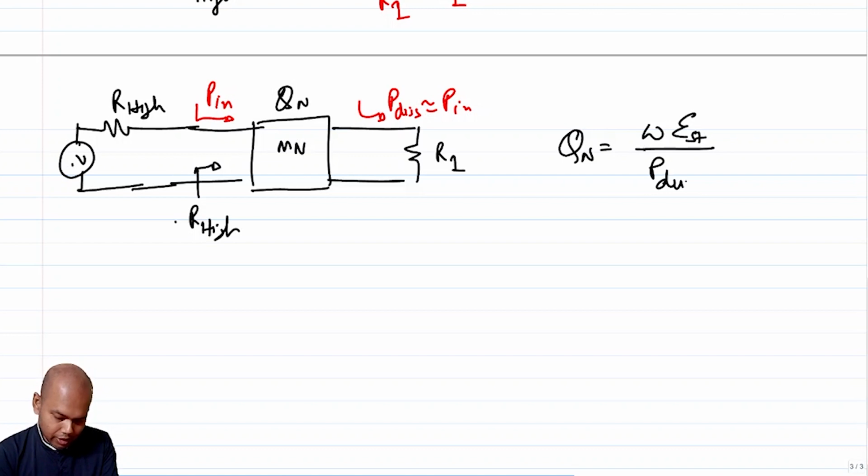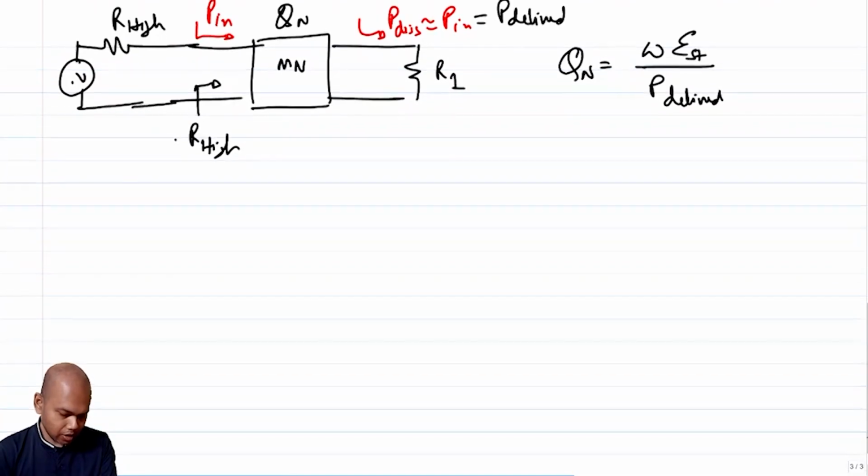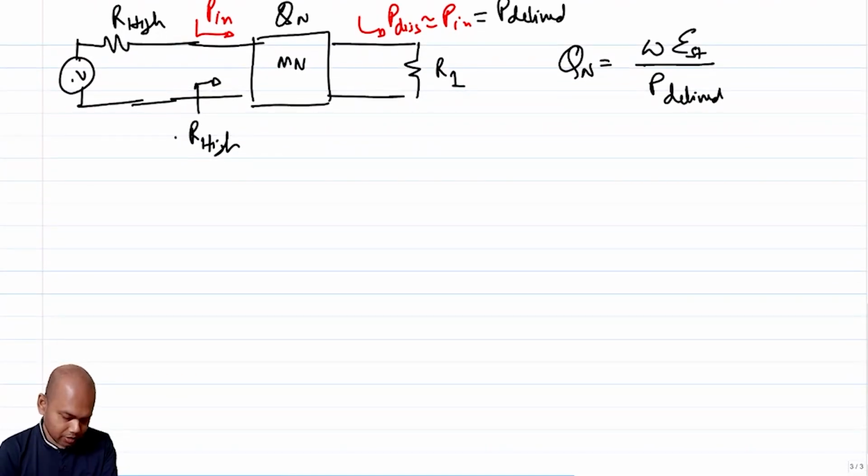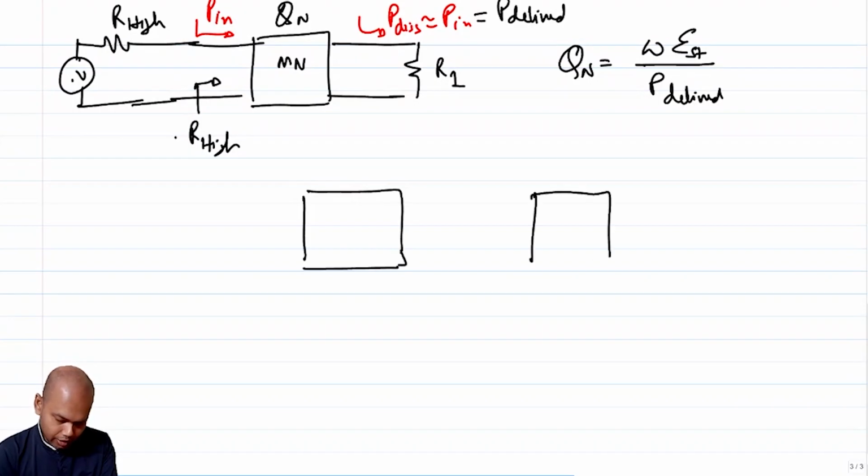In this case, power dissipated is equal to power in, equal to power delivered. This is essentially what we have been doing till now, and I will extend this concept for the cascaded matching network case also. Okay, so let's do that.